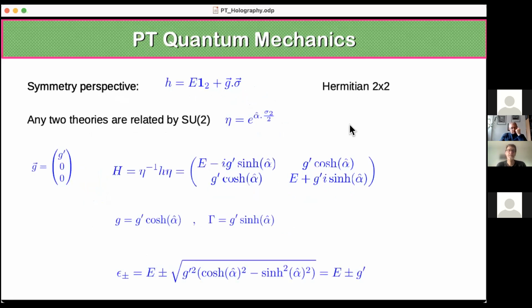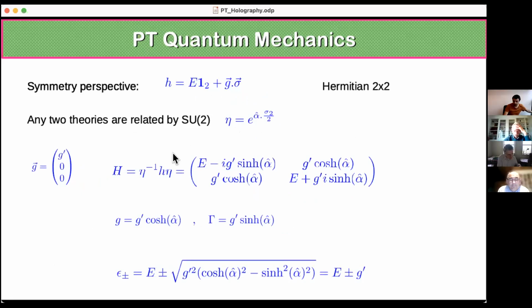So here's the same thing. Now the transformation matrix is not the unitary matrix, but the Hermitian matrix, and the new Hamiltonian doesn't have the sine, but the hyperbolic sine. This is then not Hermitian, but it is pseudo-Hermitian, which means that it's conjugate by a Hermitian matrix to a Hermitian Hamiltonian, which I denote by lowercase h.